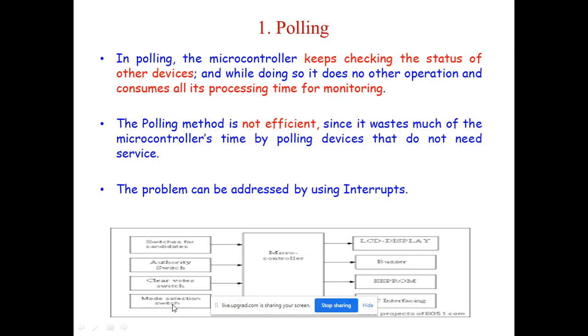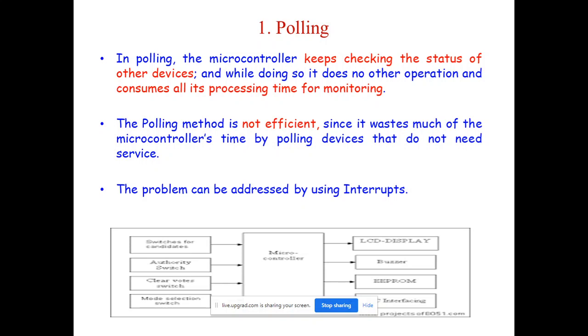Once the input devices are over, it asks the output devices: first output device, second, third. One by one the controller polls each device separately, and if anybody wants service, that service is provided by the microcontroller.